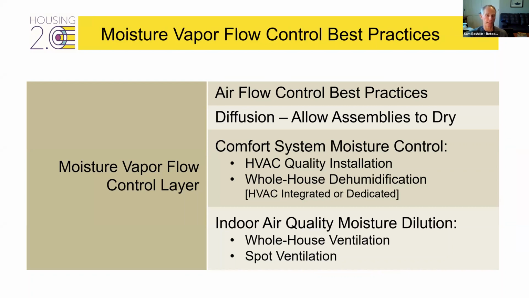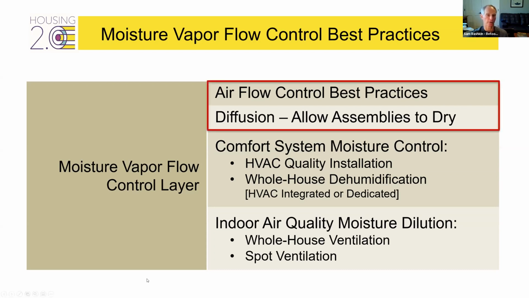Whole house dehumidification is a way to control moisture. And then with indoor air quality, we do whole house ventilation to dilute moisture in the home, and spot ventilation in bathrooms and kitchens also dilutes moisture. So we have all these strategies, but the key are airflow and diffusion.